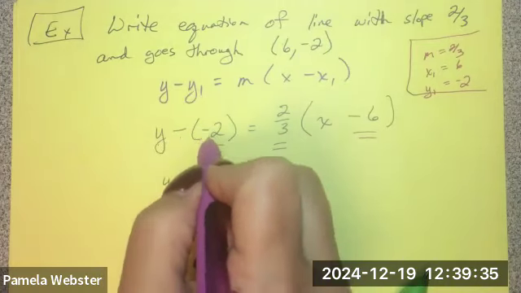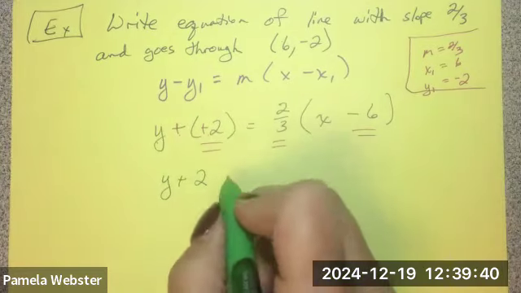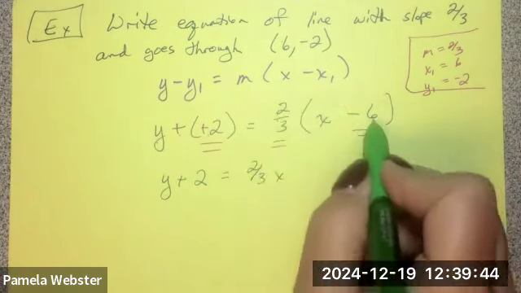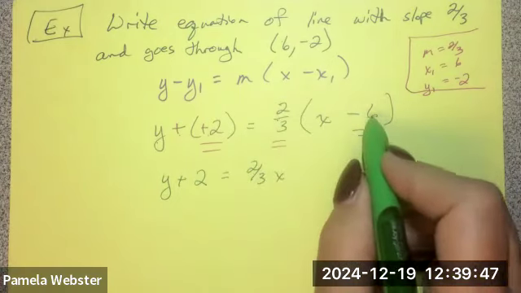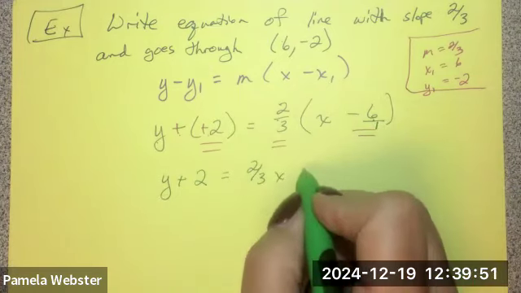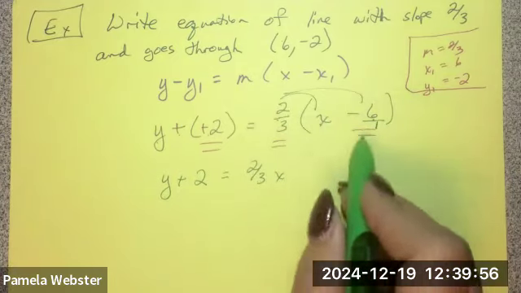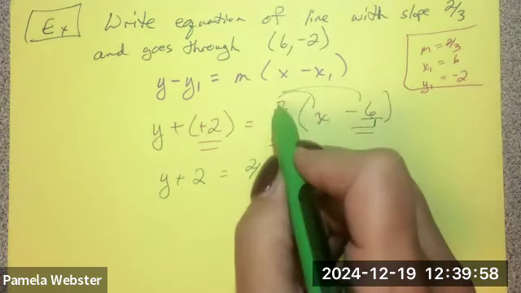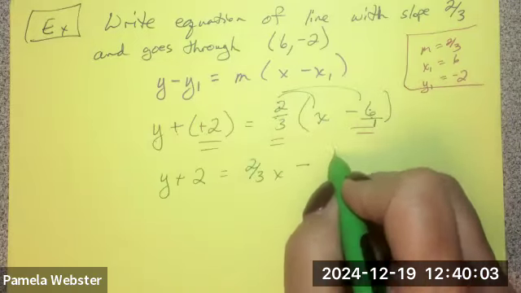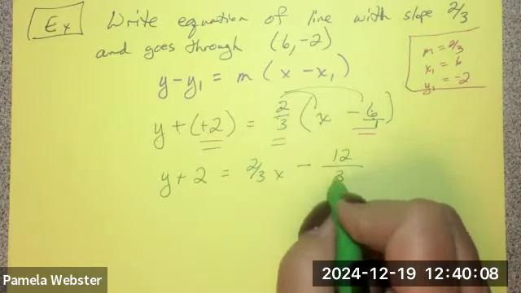Okay. Y minus a -2, and a minus and a negative is a +2, equals 2/3 x and then 2/3 times -6. Remember that everything can be written over 1, and I'm distributing, right? So a positive times a negative is going to be negative, and the way we multiply fractions is top times top, so 6 times 2 is 12, and bottom times bottom, so that's 3 times 1 is 3.